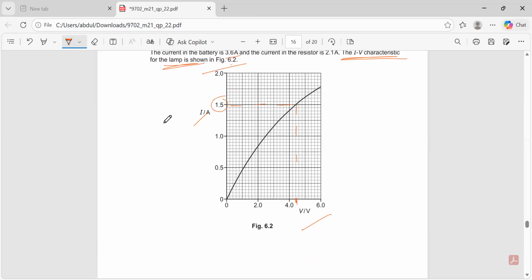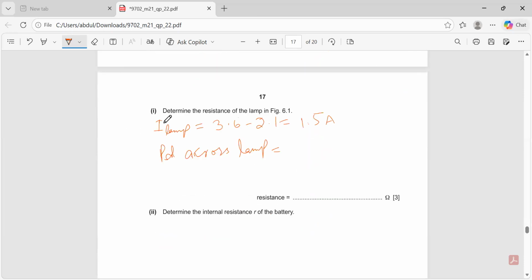The potential difference across the lamp will be 4.4 volts. Then the resistance of the lamp, R is equal to V over I, so 4.4 divided by 1.5. The answer is 2.9 ohms.